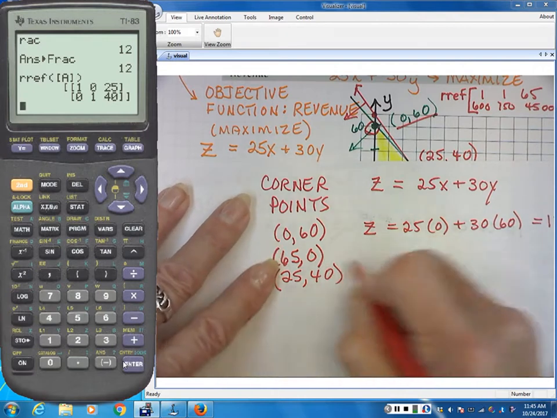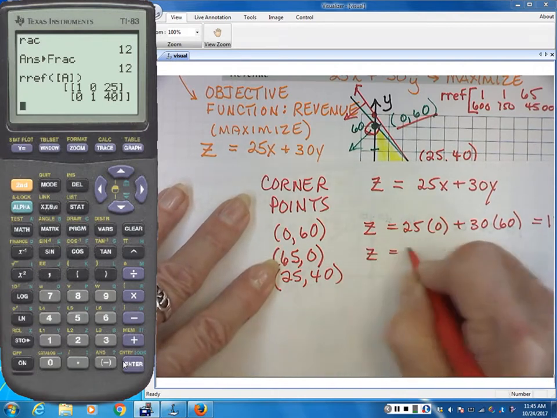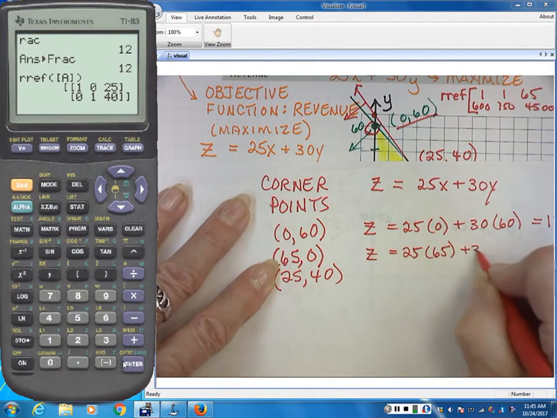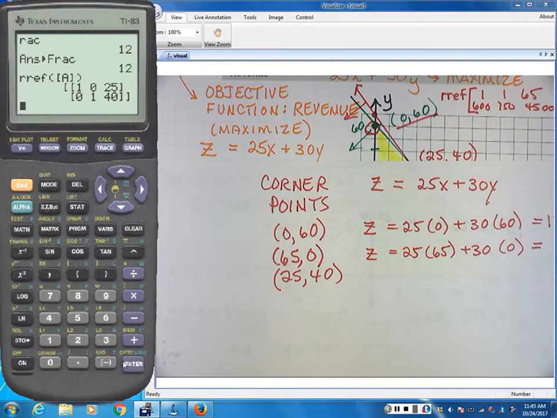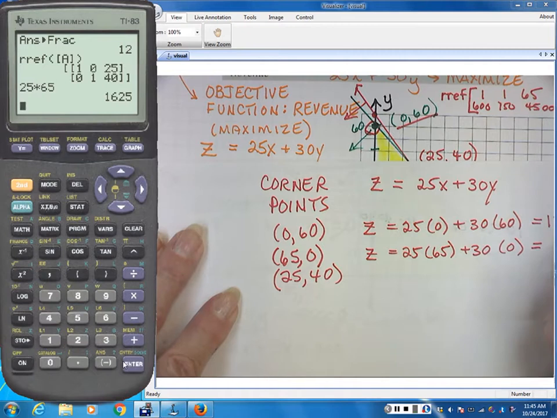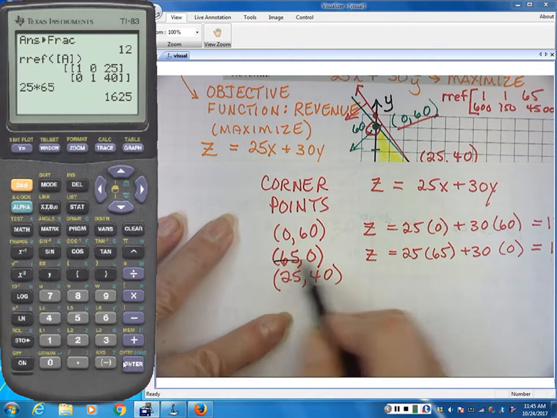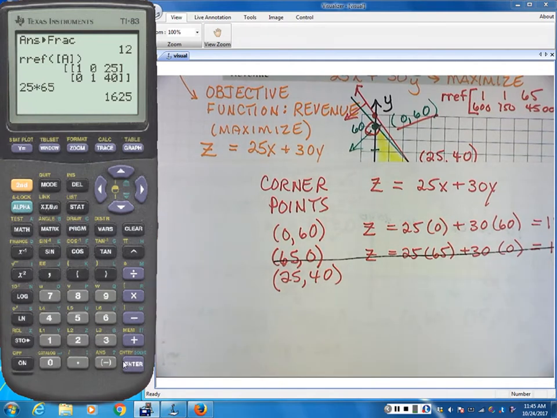And if I use the second one, z equals 25 times 65 plus 30 times 0, that's 1,625. So clearly, this does not maximize our revenue. So then we check the last one.